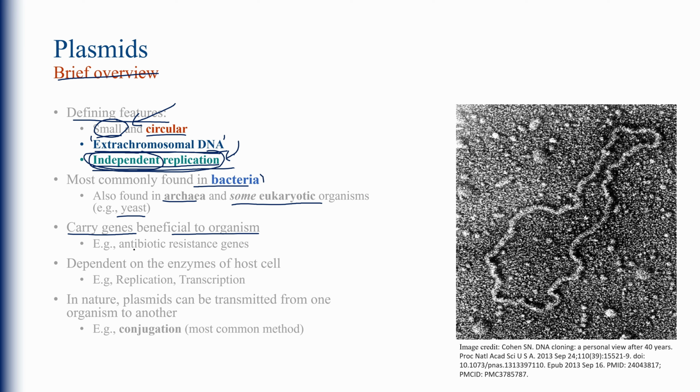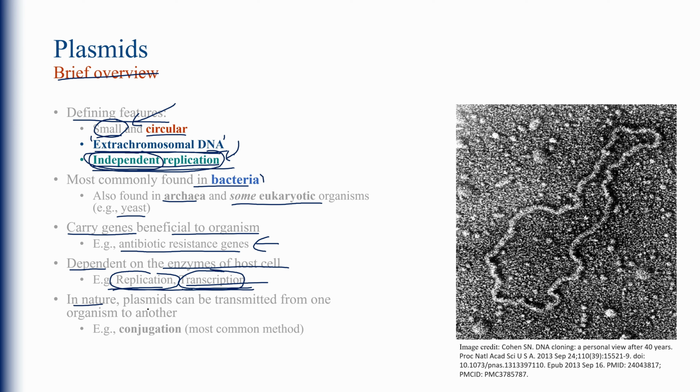A commonly remarked example would be antibiotic resistance genes, although you should recognize that there are other types of advantageous properties that the plasmid can confer onto the host organism. Plasmids are also dependent on enzymes of the host cell for things like replication and transcription. That is, the replication machinery and the transcriptional machinery of the host cell will be used to replicate the plasmid and to transcribe genes within the plasmid.